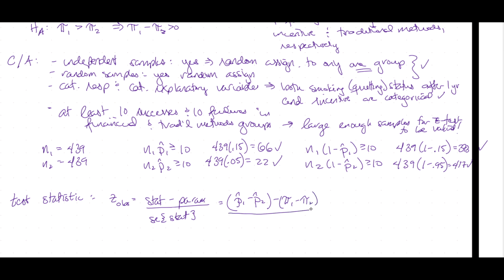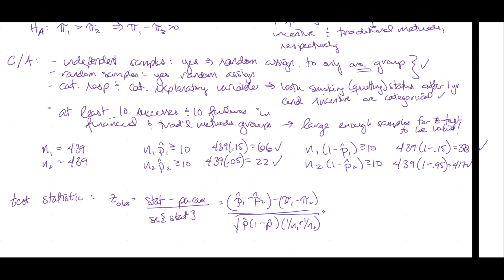From a previous video, we learned how to estimate the standard error of the statistic, and that's going to be the square root of p hat times 1 minus p hat times 1 over n1 plus 1 over n2. Remember, p hat is this pooled value.